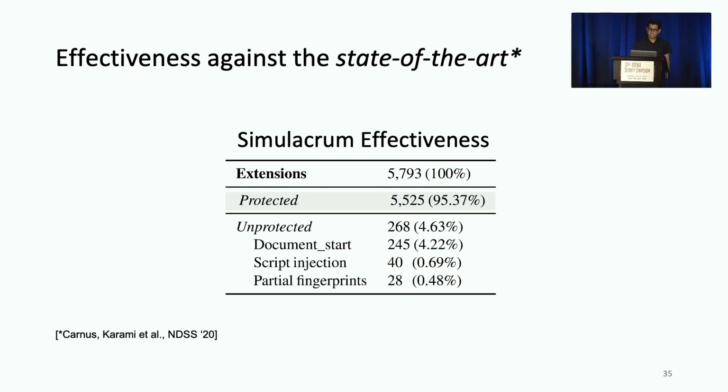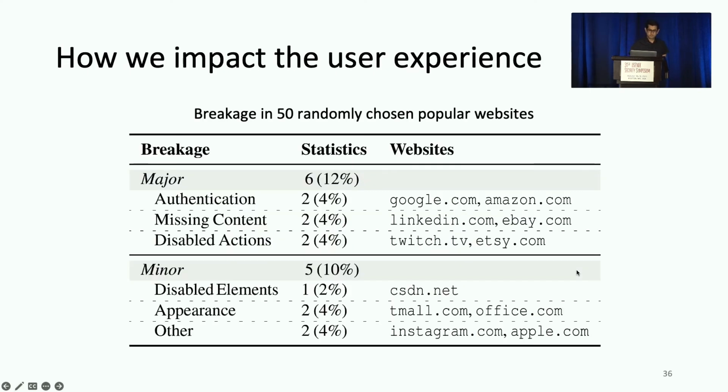Most of those extensions that we cannot protect are those that make modifications before we generate the parallel DOM. While the browser is parsing HTML code to generate the DOM, they make the modifications, so we cannot hide those fingerprints.